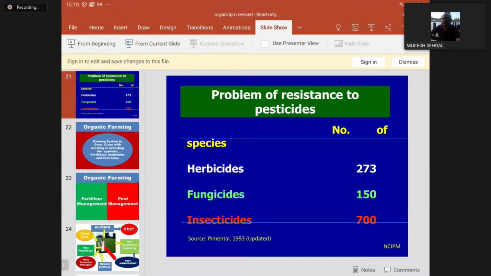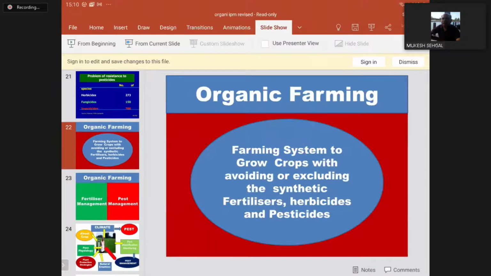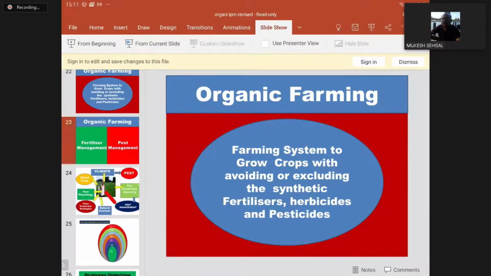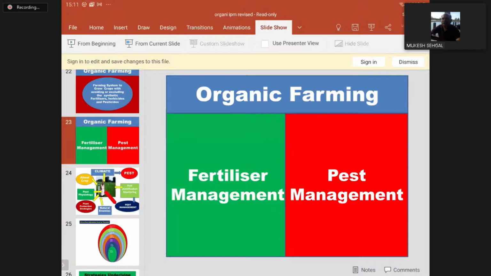Now I'm coming to this; I hope you know this one very well. It is simply to show those working in IPM, who want to tell the farmer, that there is not much difference between IPM and organic farming; you are only avoiding or excluding synthetic fertilizers, herbicides and pesticides. In organic farming you also have two facets: fertilizer management and pest management.